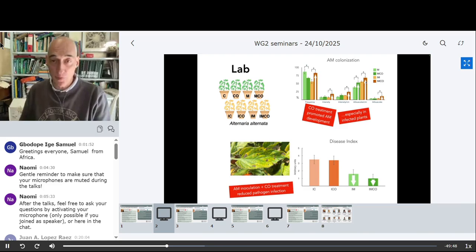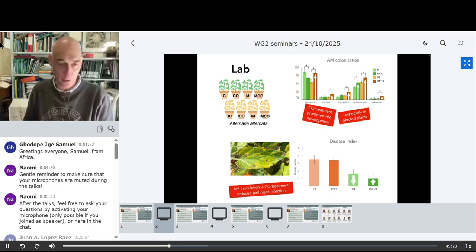What we also did with more detail in the lab was to measure what pathologists call the disease index, which is an estimate of the extension of the infection in the leaf. And we can see that both mycorrhization and CO-treated mycorrhization in infected plants drastically reduced this disease index, which is basically the size of the lesions on the leaf.